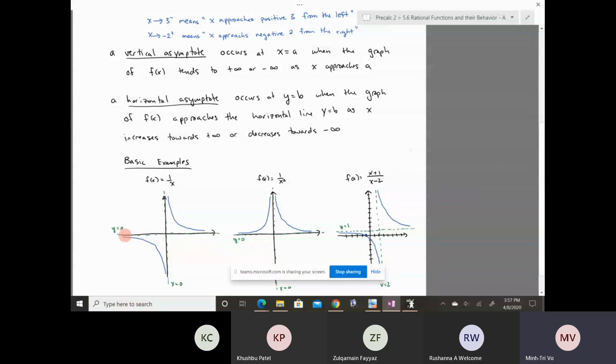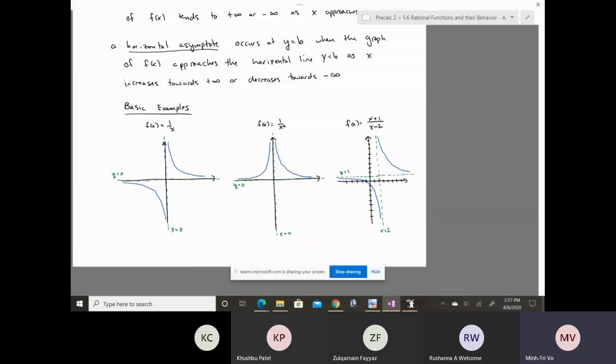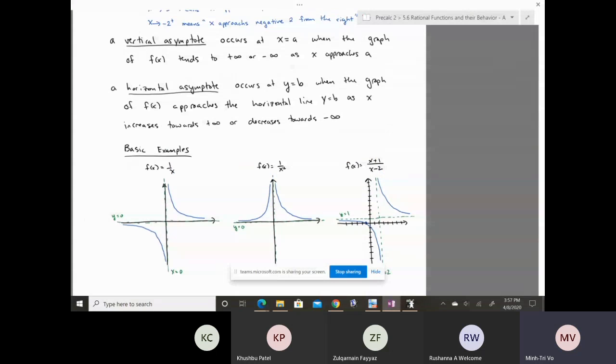So there's a horizontal asymptote at y equals 0, described with the y value, because the x values are changing, but the y value is always 0 at this horizontal line. In terms of looking at the graph for asymptotes, just pay attention to where the graph is bending towards, either vertically or horizontally.